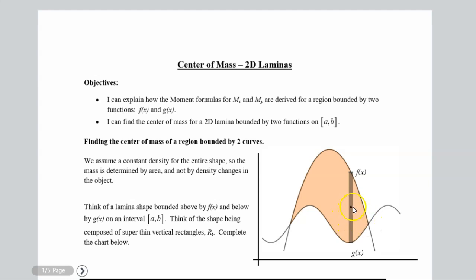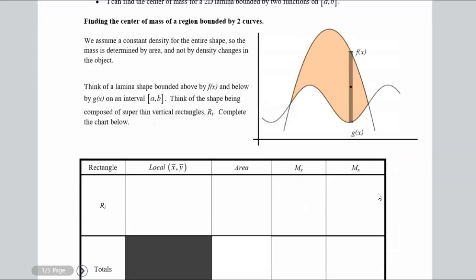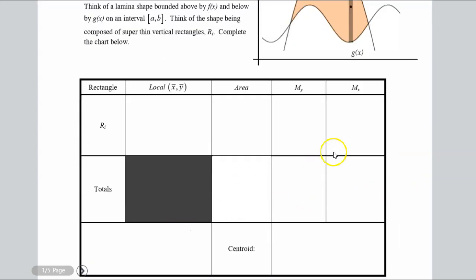I'm basically just finding the mass times distance based on a 2D point mass, with the center right there in the middle of the rectangle and the mass of that rectangle proportional to the area. So just using the area as that, and then adding them all up to get the moments and the masses, and then dividing those out to get the centroid.